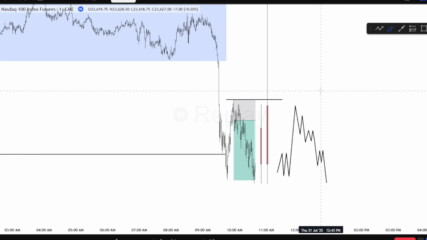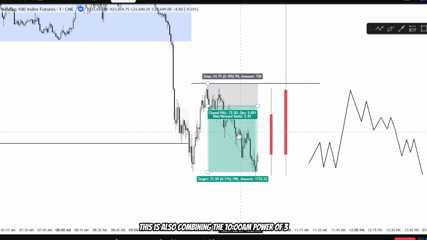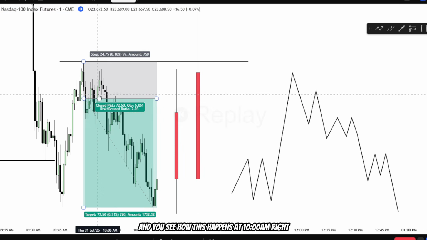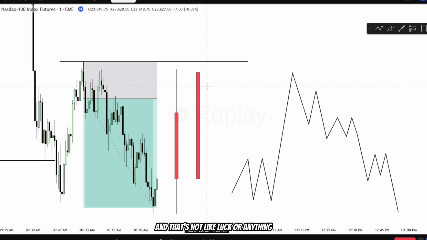And then this is also combining the 10 a.m. power of 3. You see how this happens at 10 a.m., and that's not luck. That's because the market is programmed for that 10 a.m. candle to have that accumulation, manipulation, distribution, because it's the second stage of distribution.